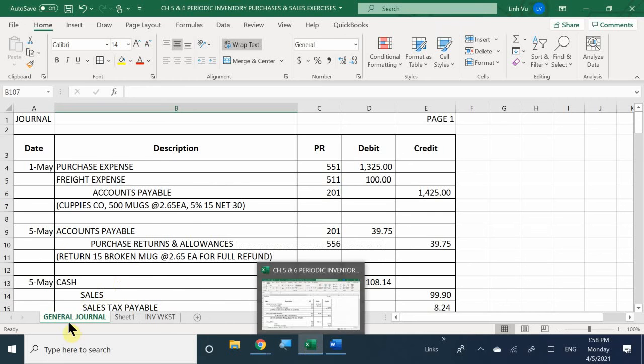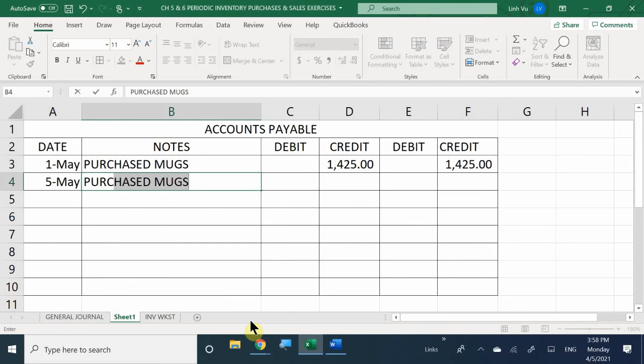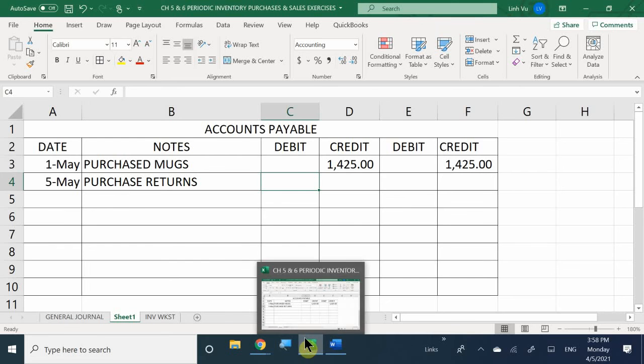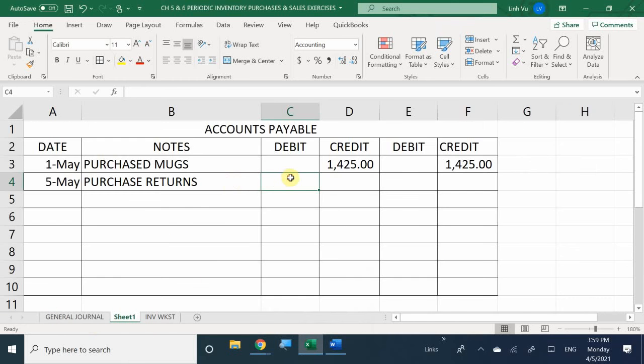So in here, I'm going to go back to my little ledger account, and I'm going to note that on May 5th, I had a purchase return. And because I decreased my accounts payable, I decreased it by $39.75.